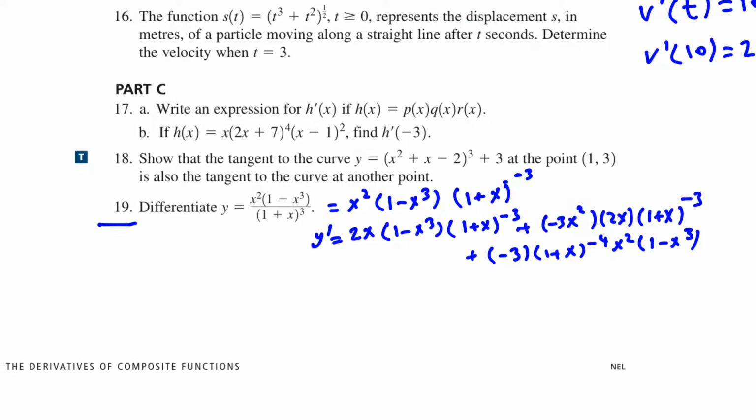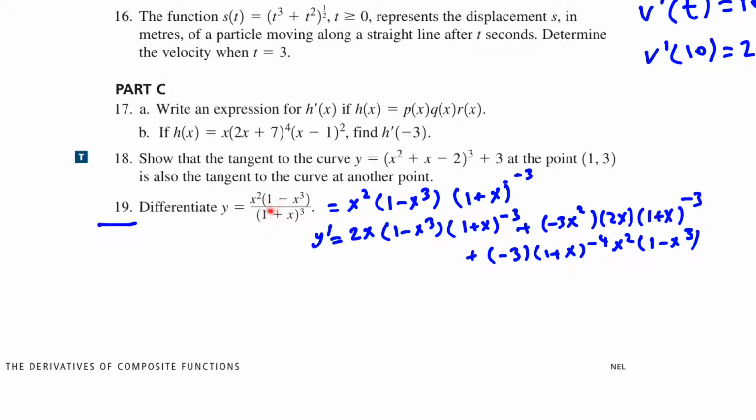Last question, question number 19. Differentiate x² times (1 minus x³) divided by (1 plus x³) to the power of 3. We can use either product rule or quotient rule.